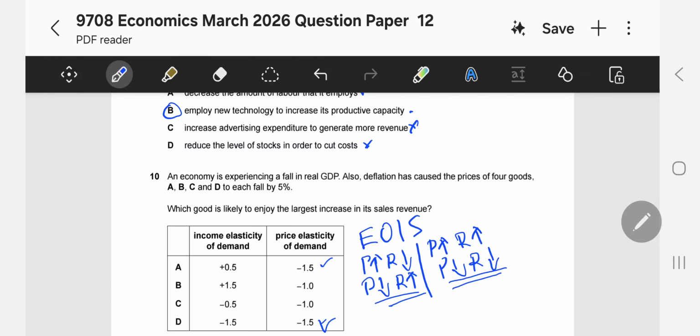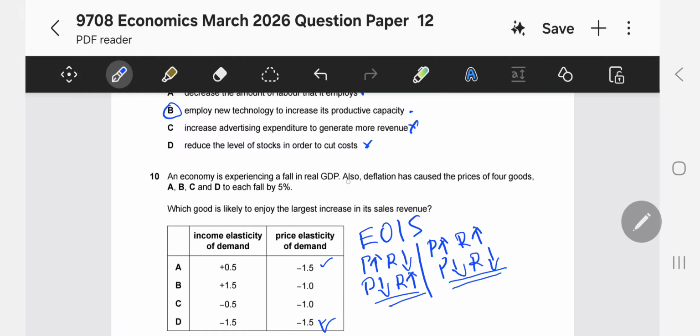And then let's look at the income elasticity of demand. If there is a fall in GDP, then for people to buy more of this good, it must be an inferior good, because a fall in GDP means people are getting less money.